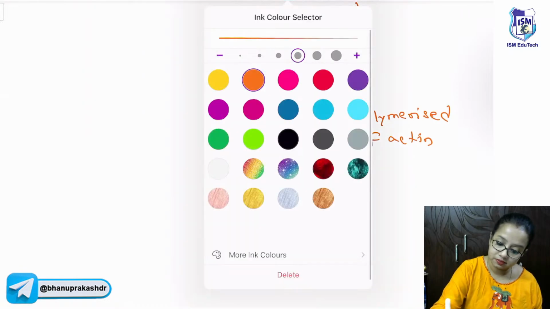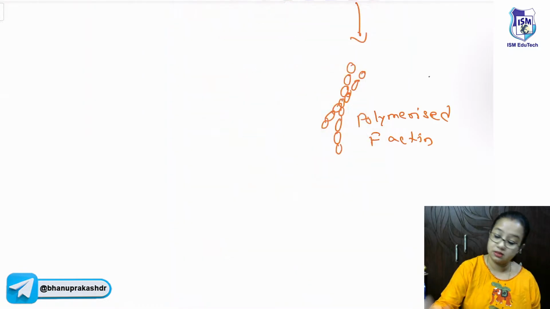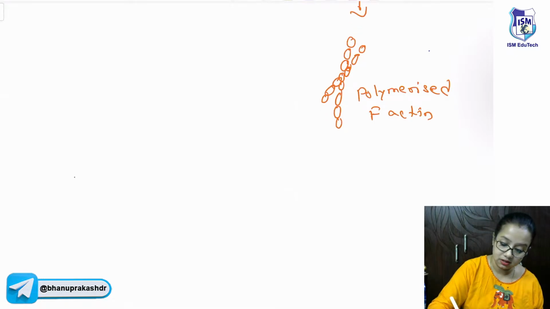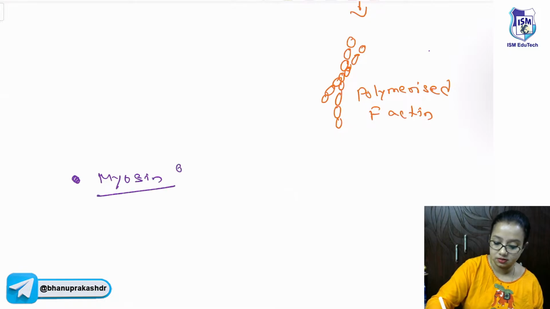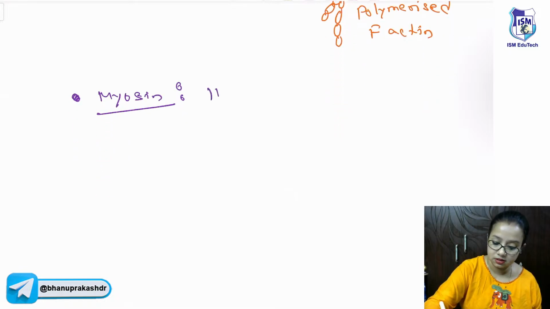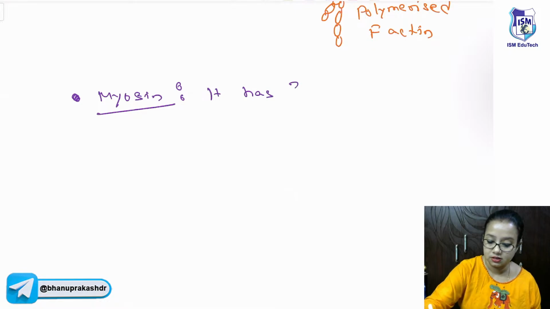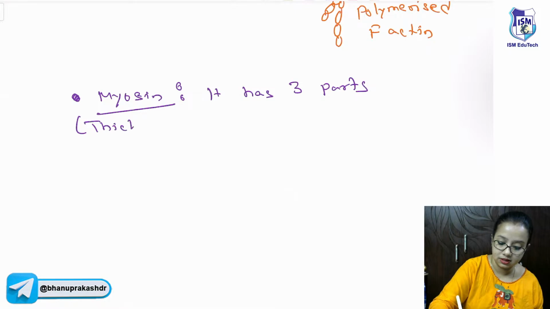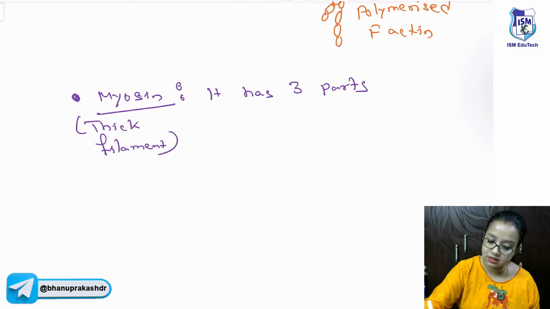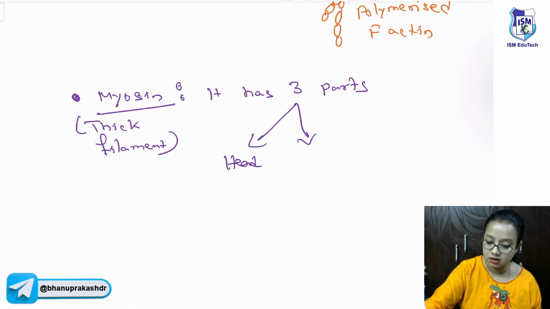The second contractile protein is the myosin. Now, myosin has three parts. It is also the thick filament. What are its three parts? Head, then there is a flexible neck, and there is a tail.